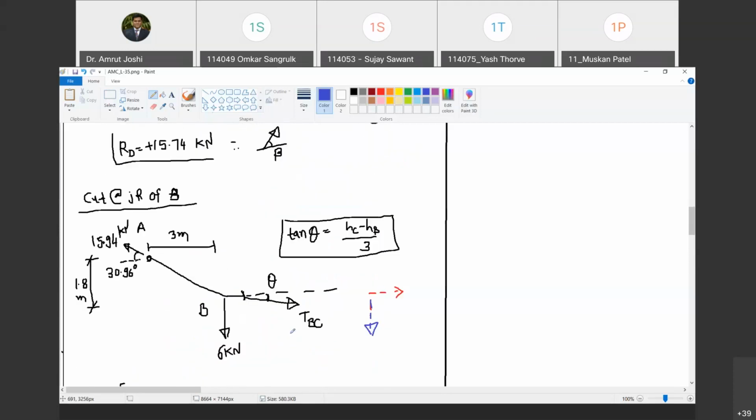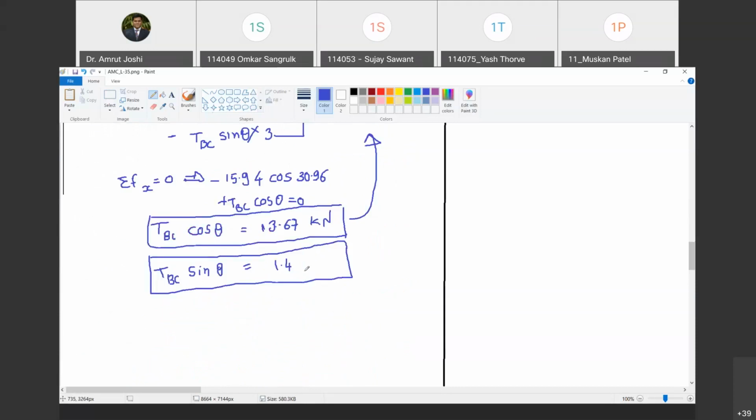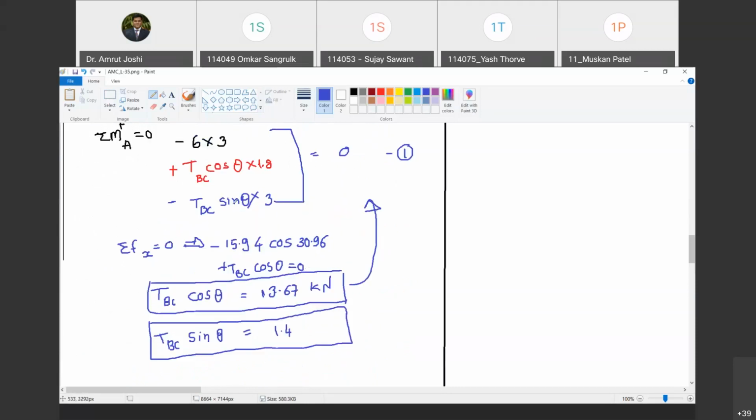Something is wrong. I don't think you multiplied it by 1.8.